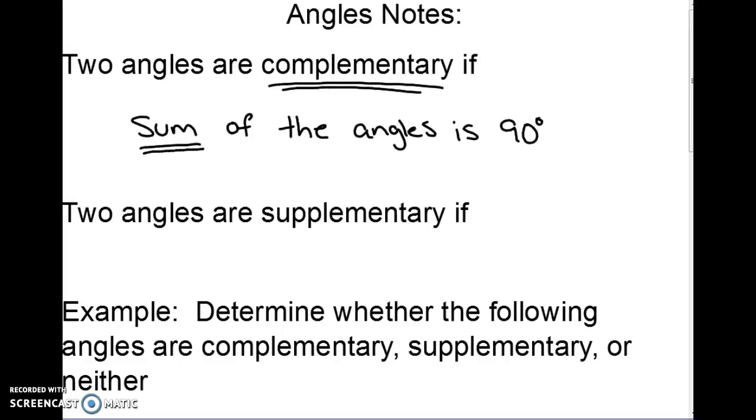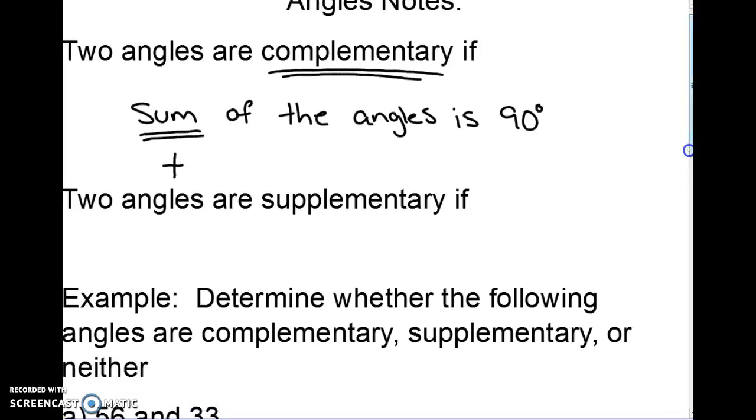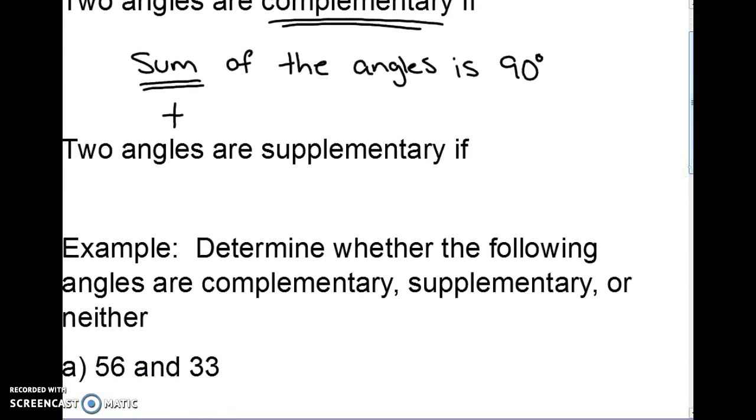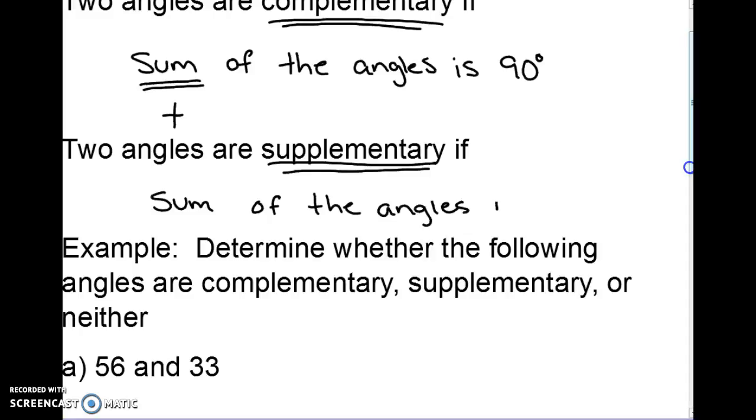Sum is basically talking about addition. So when I add two angles together, if they equal exactly 90 degrees, they're going to be complementary angles to one another. Two angles are supplementary if the sum, so again we're adding angles together, is 180 degrees.